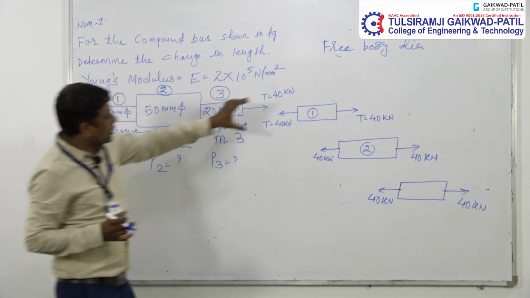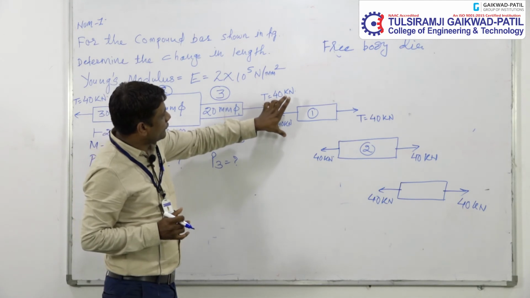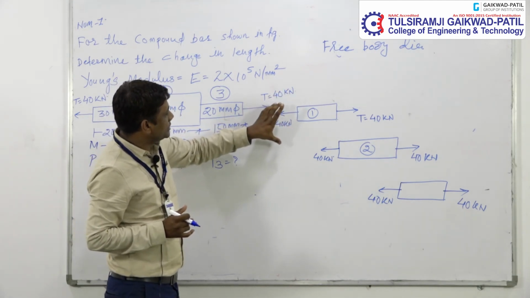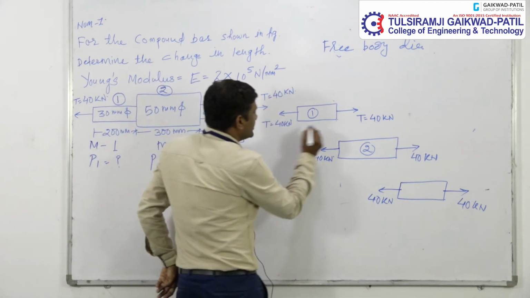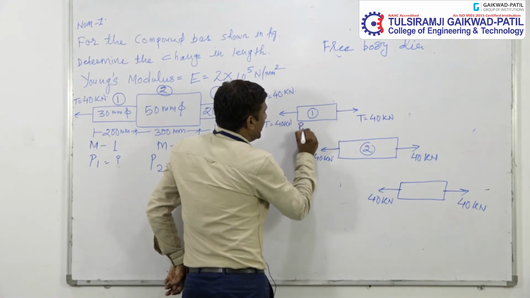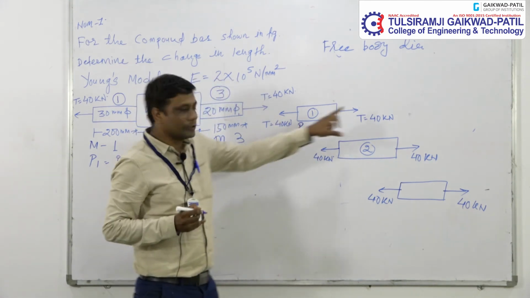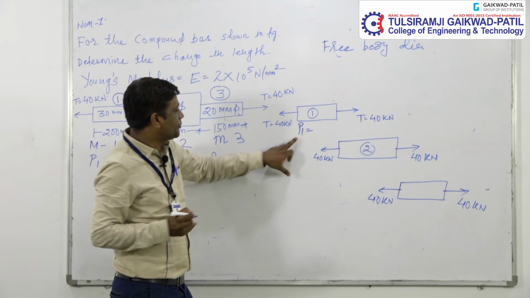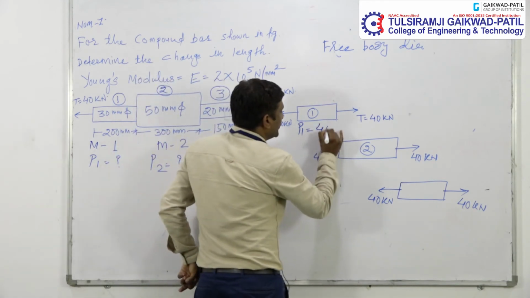Now see this free body diagram. For figure number 1, we can say the force is P1, the nature of force is tensile. So force P1 is 40 kilonewton.